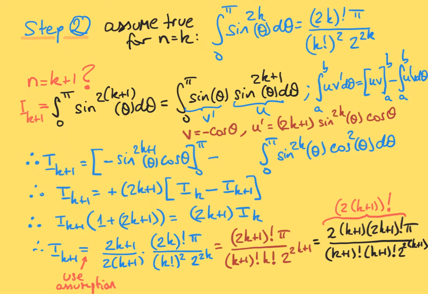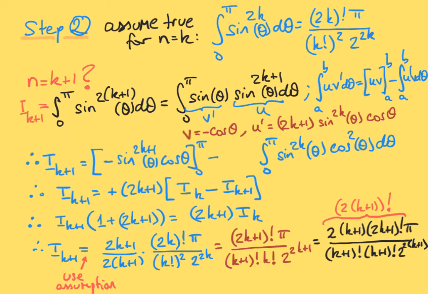So I of k plus 1 is going to be equal to u times v between these limits, and u is here, sine to the 2k plus 1, and v is minus cos theta, and I'm just going to put the minus sign in front, and this is between 0 and pi.